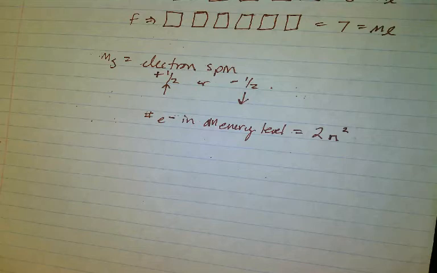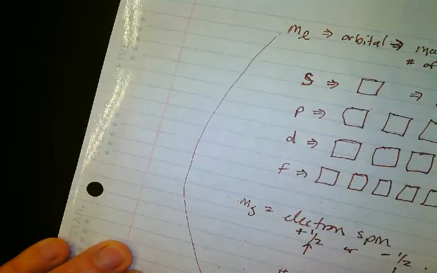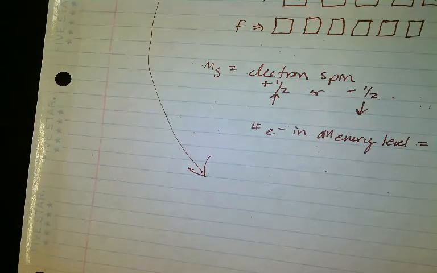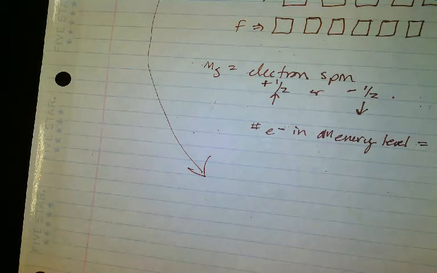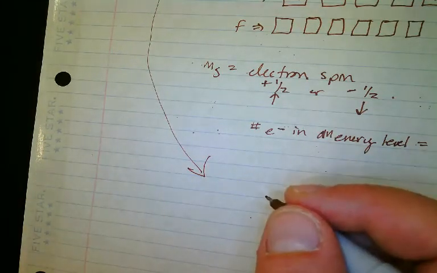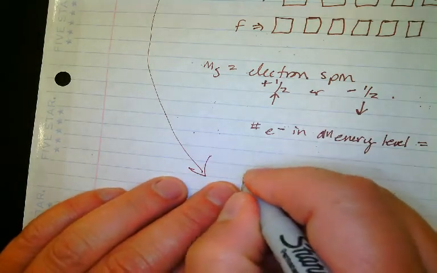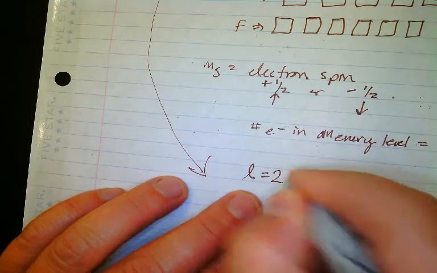Now we need to talk about sub ML. ML gets really, really complicated. You use L to calculate ML. So we're going to write a mathematical equation for ML. You ready? The number of orbitals can be determined by L. So let's say we have L equals 2.